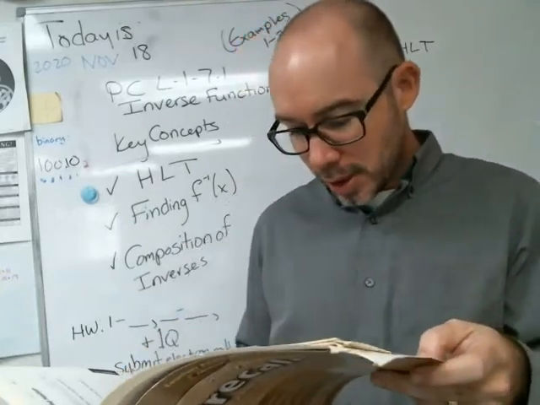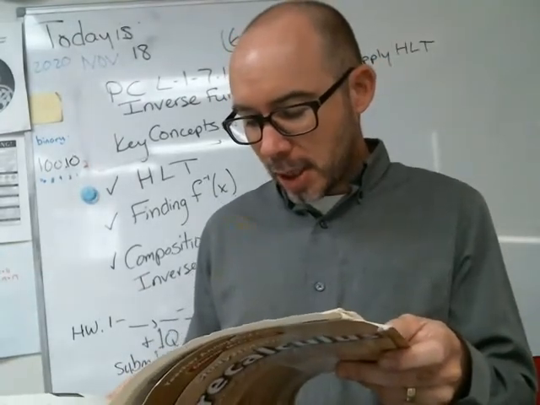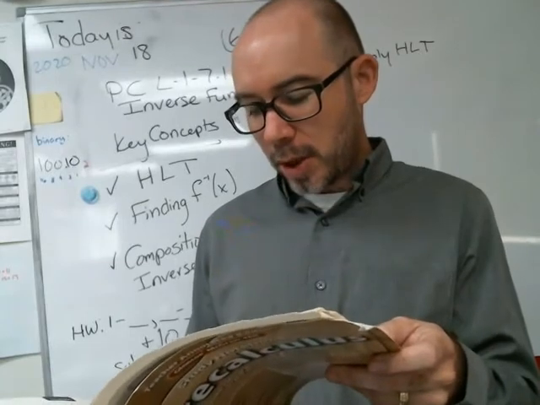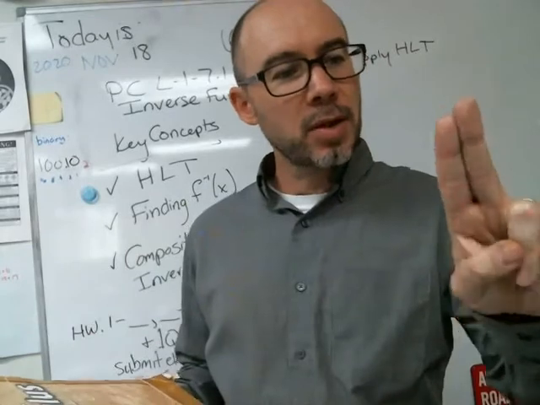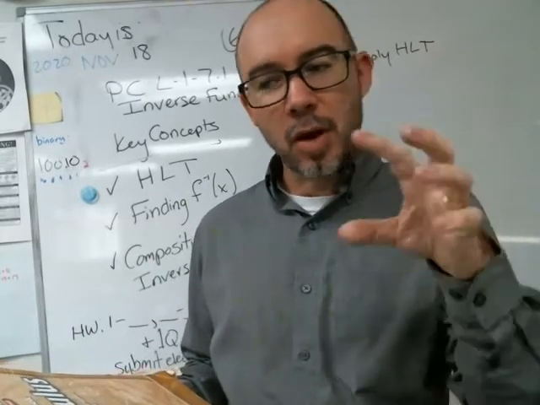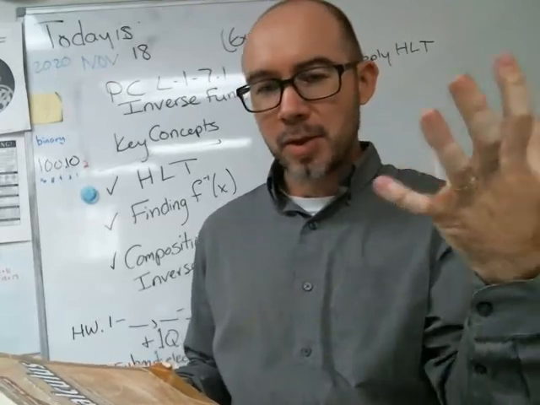Inverse functions. Two relations are inverse relations if and only if one relation contains the element (b, a) whenever the other relation contains the element (a, b). So they share points that are just inverses of each other. All their points are inversed, switched. The x's and the y's are switched.